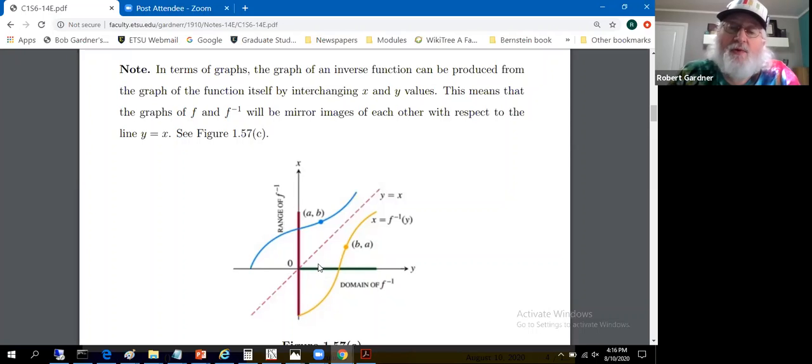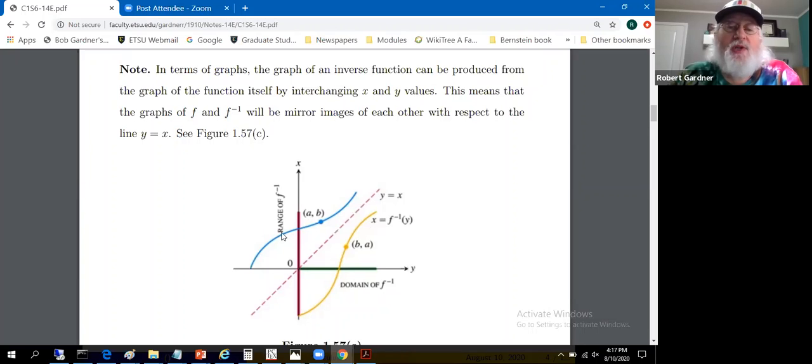That axis would fold over and lie on top of this axis. The positive y-axis and positive x-axis would be interchanged. The negative x-axis and the negative y-axis would be interchanged. That's the reason this one looks weird. They've labeled the horizontal axis with a y and the vertical axis with an x. They've already done that interchanging. But the graph of the function would fold over and lie on top of the graph of the inverse function.